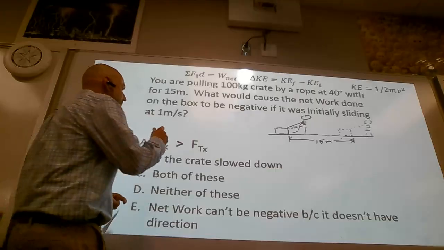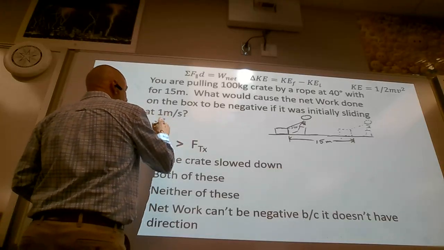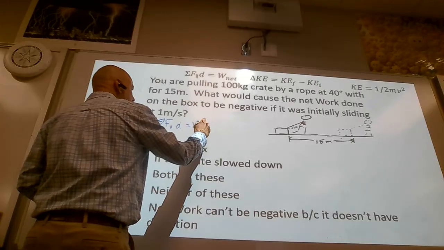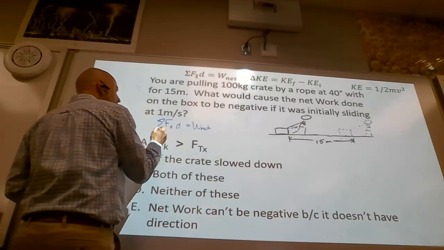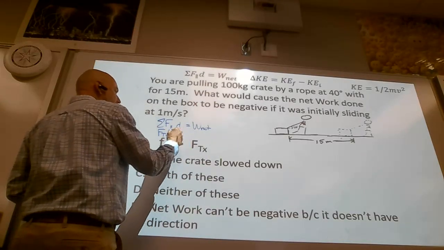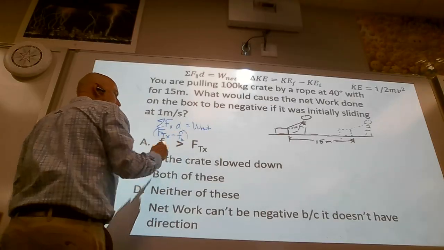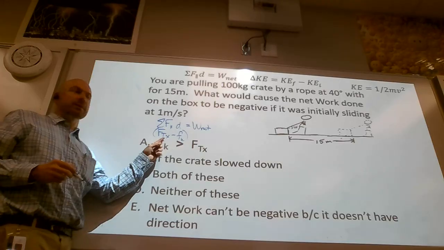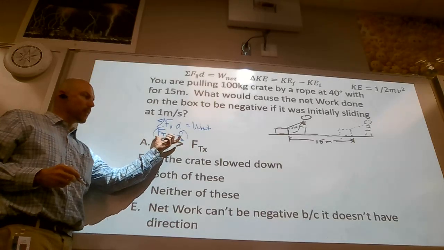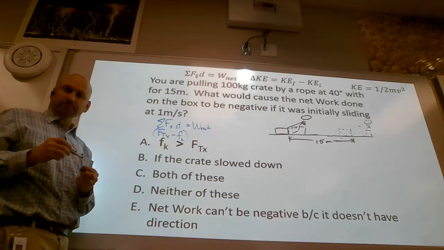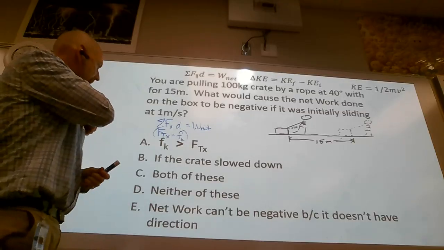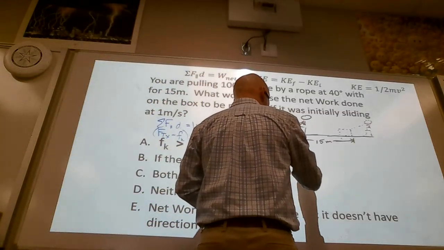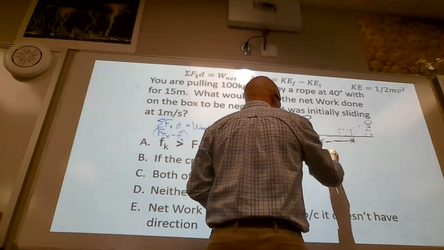Great question. So the net force in this scenario is the tension in x minus friction. Friction is greater than tension in the x direction. That quantity is going to be negative. Negative work. Here, net work is equal to the change in kinetic energy.